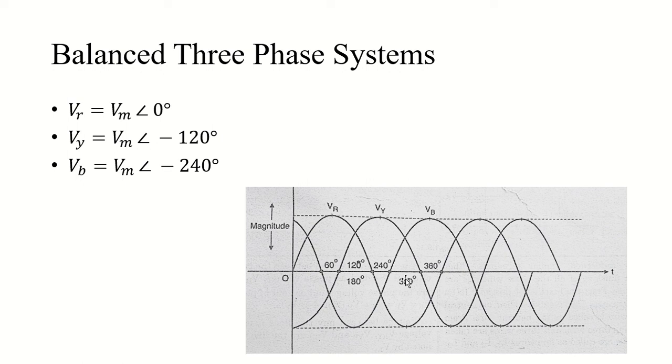They must have equal magnitude, their frequency must be equal, and the phase angle between two phases should always be 120 degrees. When all these conditions are satisfied, the system is called a balanced three phase system.